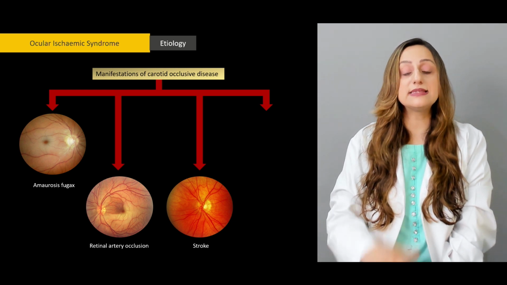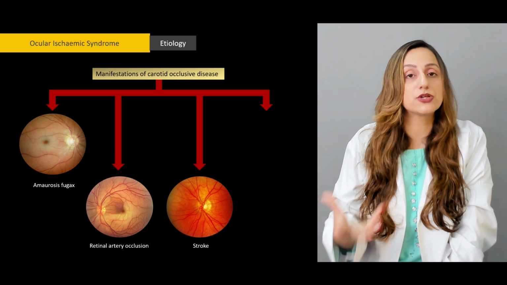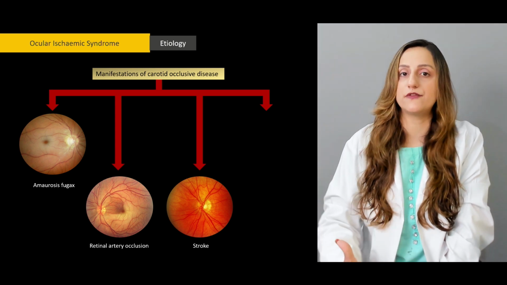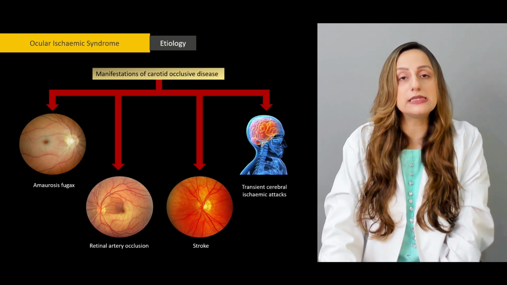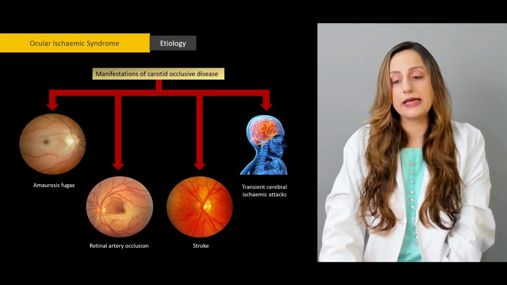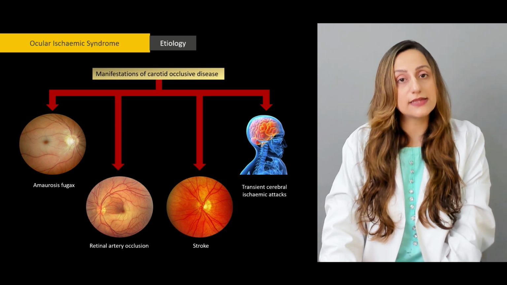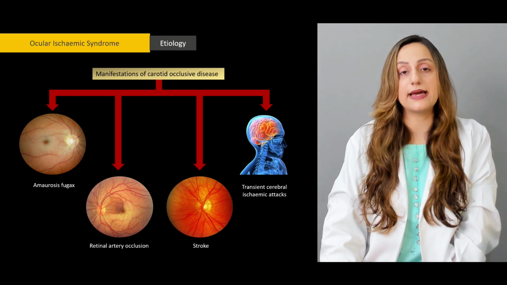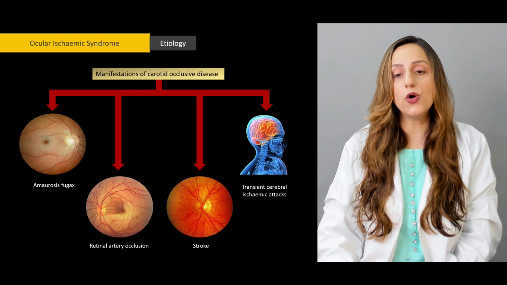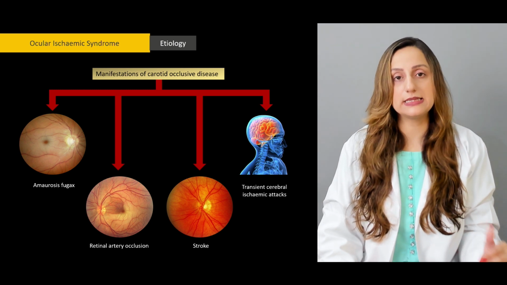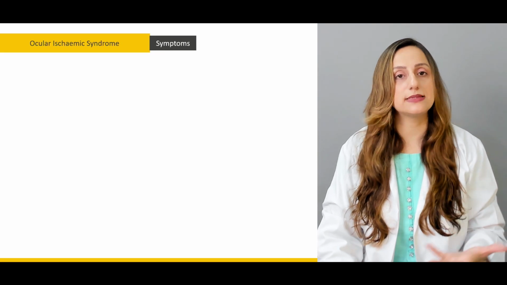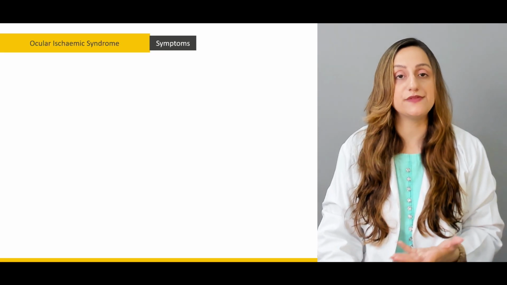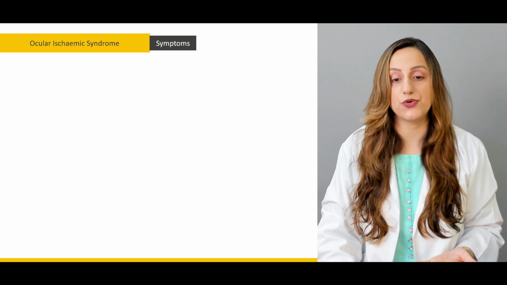Then any CVA, that is a cerebrovascular accident or stroke, can again manifest as the loss of vision suddenly in a patient. Then we can have the TIAs, that is the transient ischemic attacks. So all of these systemic illnesses can manifest as ocular illnesses. And these are known as the etiologies for the development of the ocular ischemic syndromes.